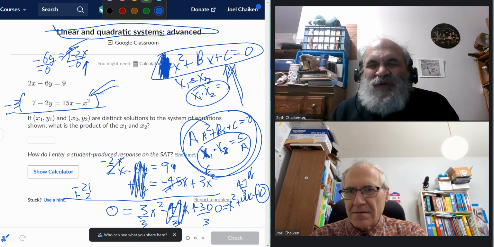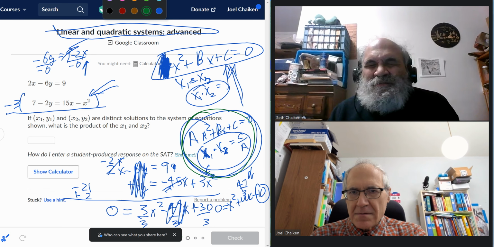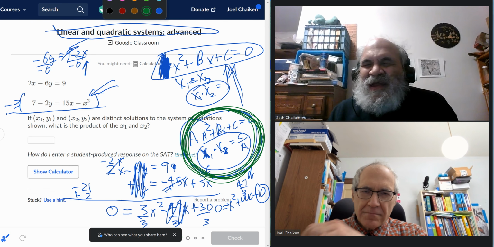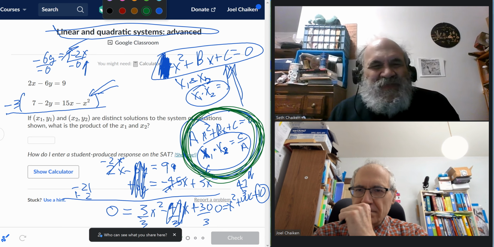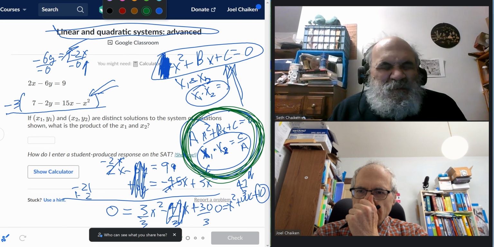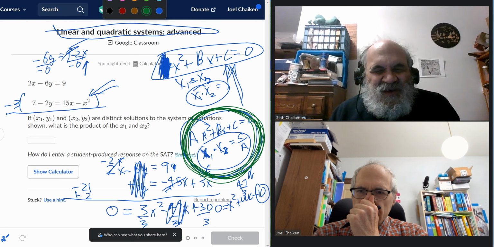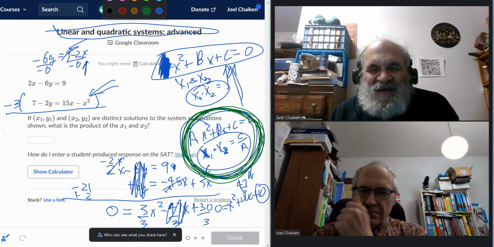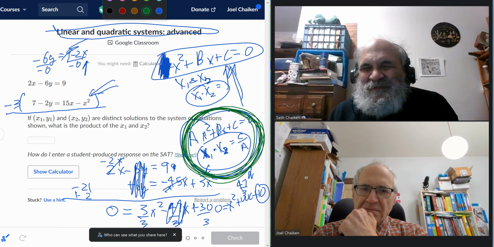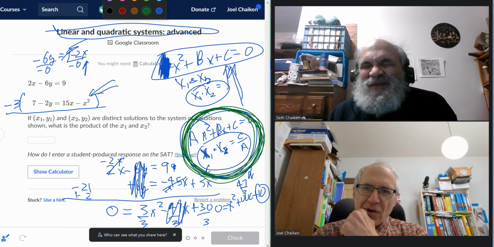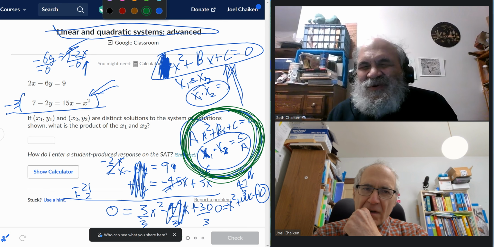If you didn't know that, what you might have done was eliminate Y to get the equation in X, and then apply the quadratic formula, and then take the product of the roots that you get from the quadratic formula.